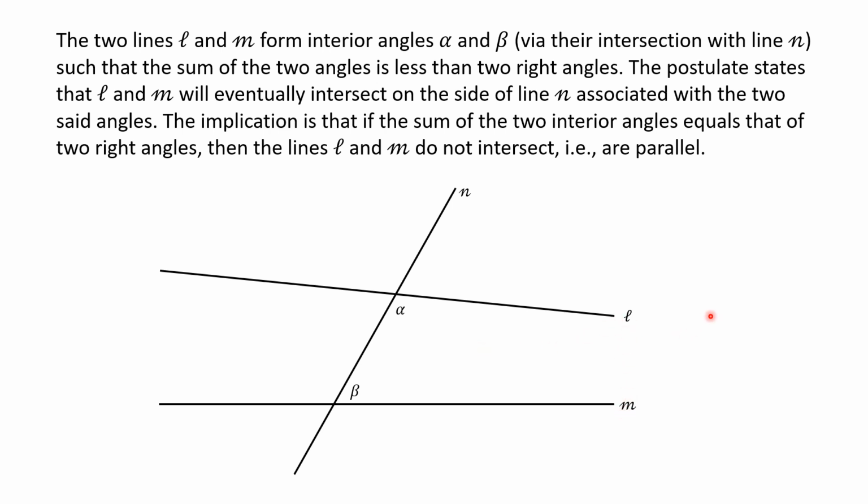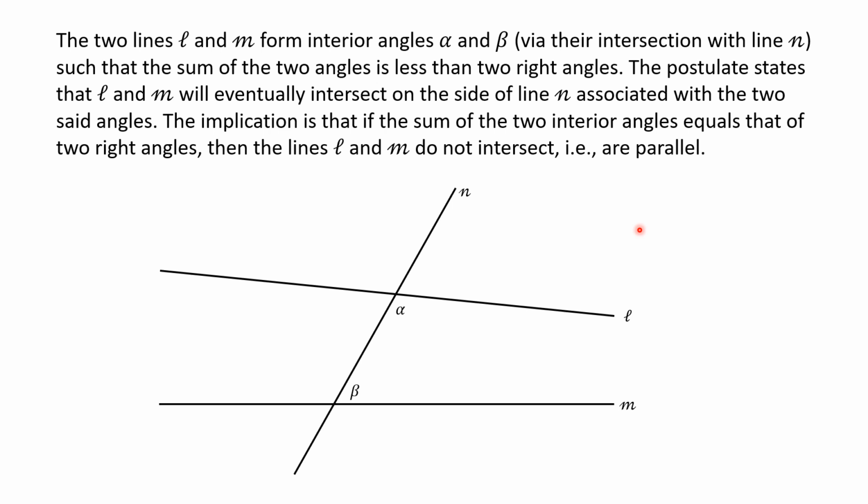It's kind of obvious if you know geometry that these lines would intersect here. What he doesn't say, but it's implied, is that the lines on the opposite side just diverge and get further and further apart. Okay, so that's the statement of the fifth postulate.